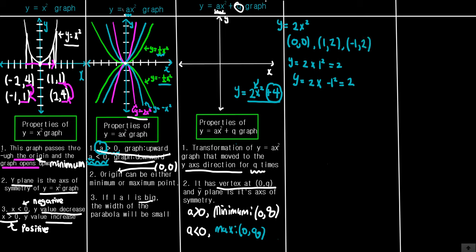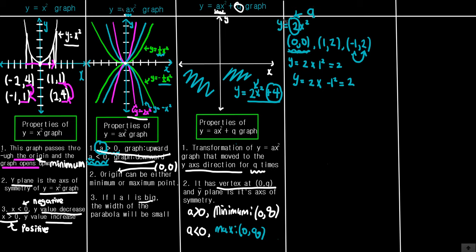As we have learned, if there is no constant, the origin will be the minimum or maximum point depending on the a value. The reason is that even though we input a negative value, a positive output comes out, which means the graph won't be in the third or fourth quadrant, where the output would be negative. So we can say that (0, 0) is the minimum point, as the a value is positive 2.